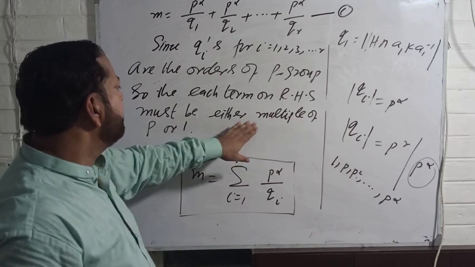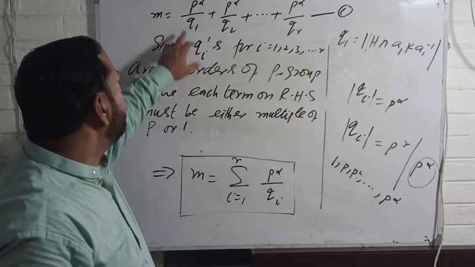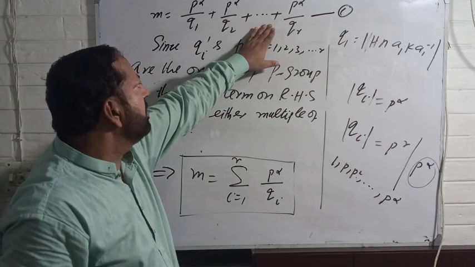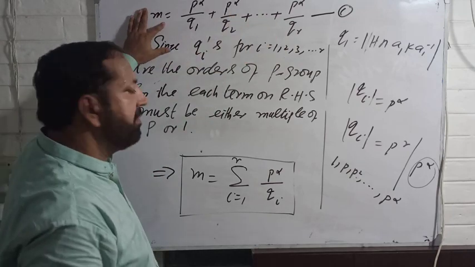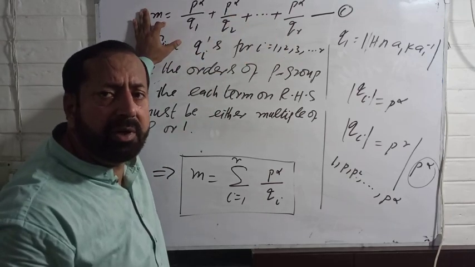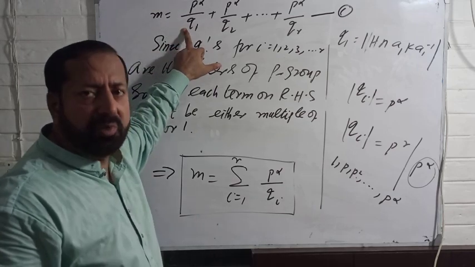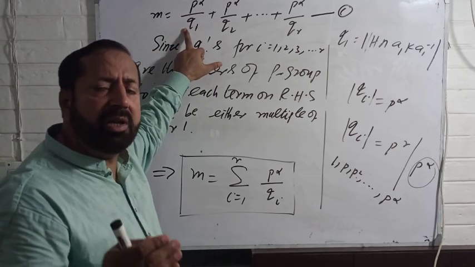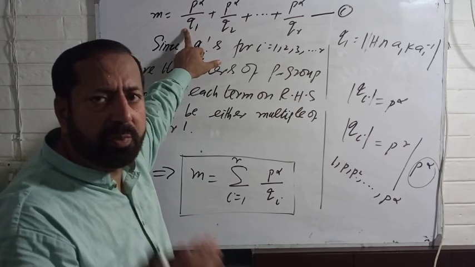This is also important, because if each term is a multiple of p, then the right side would be divisible by p. But the left side is not divisible by p. So there must be some term which is equal to 1. So there must be some Qi for which the order of Qi is equal to p power alpha.